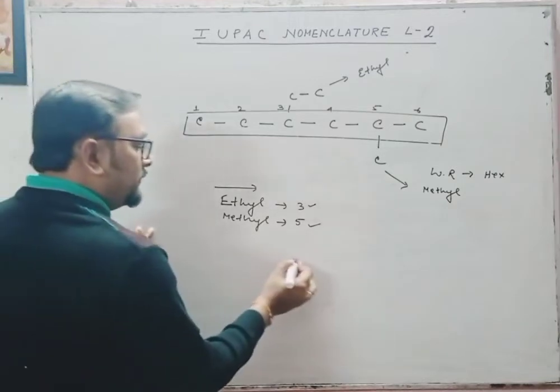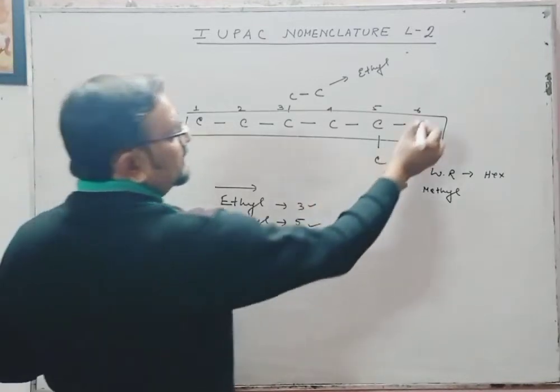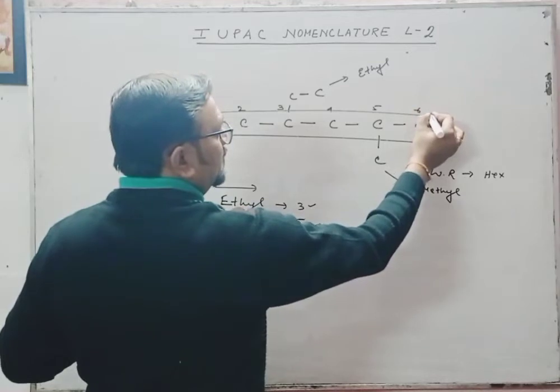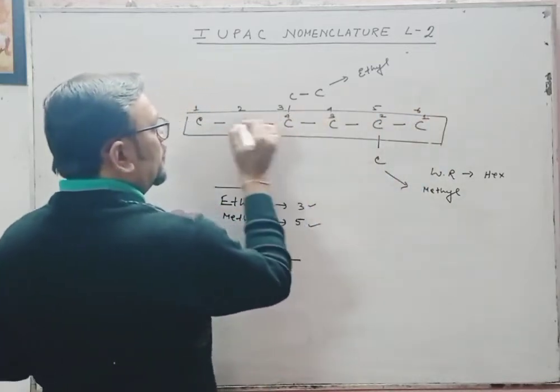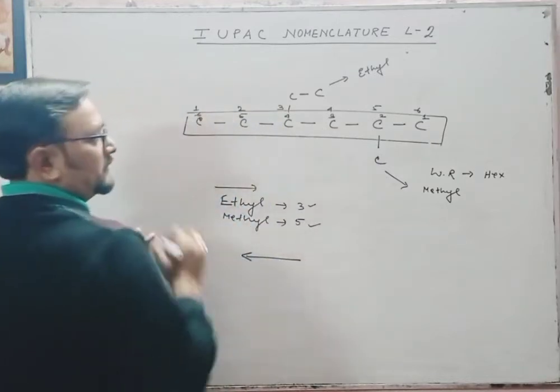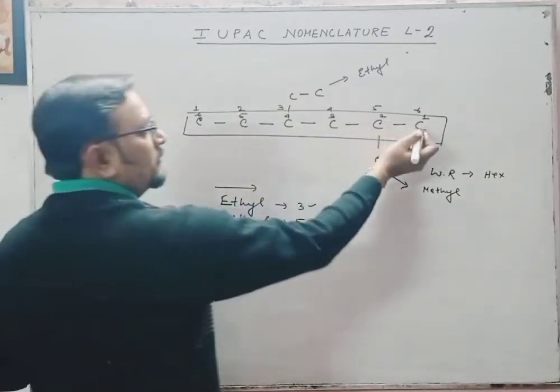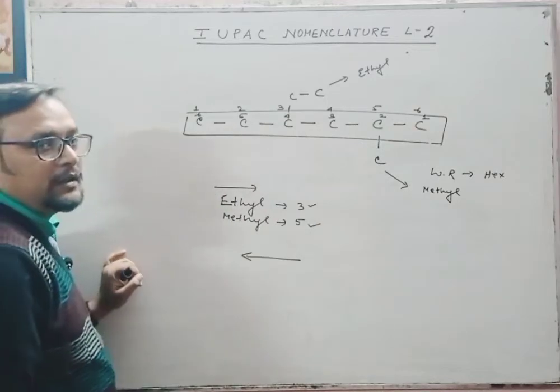If you start numbering from the other side, say I have started from this side, I am writing it here 1, 2, 3, 4, 5, 6.